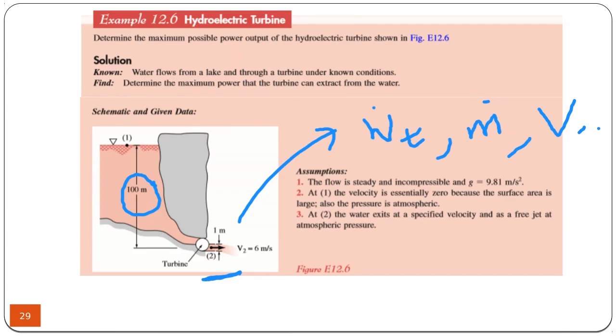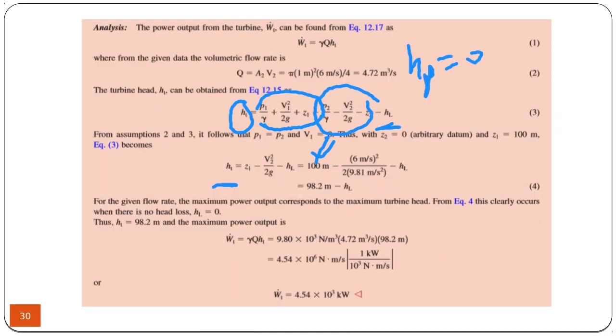is not given, but you can, no, it's given, sorry. Velocity is given. So by using the flow velocity, you use it here. Then there is something you don't know yet, but the turbine head is 98 meters minus HL. What does it mean?